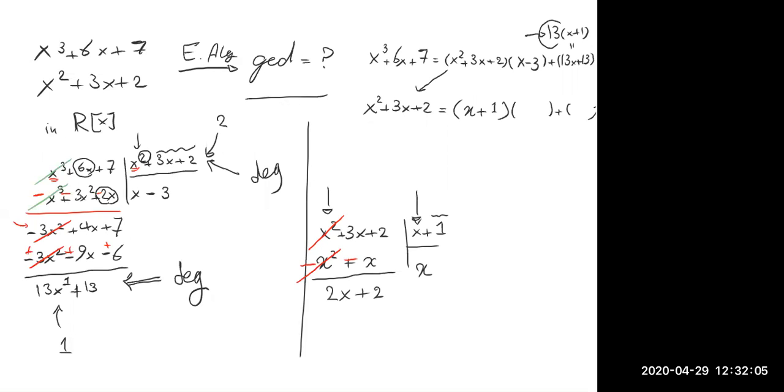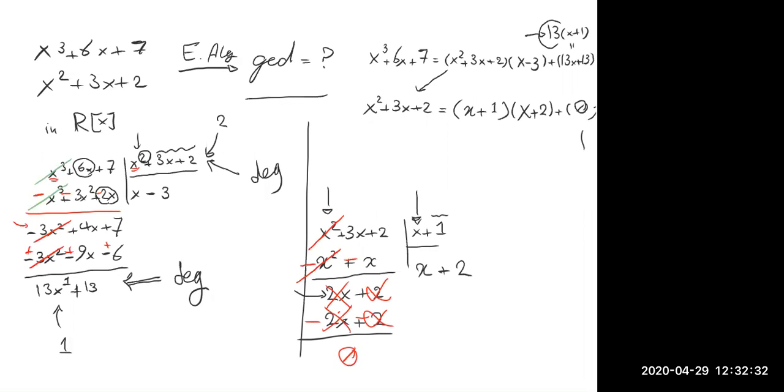Okay, now here I have 2x, here I have x. If I multiply x by 2, I would get 2x. And then 2 times 1 is 2. I change signs, they cancel each other. I would get 0. So this is x plus 2 plus 0.